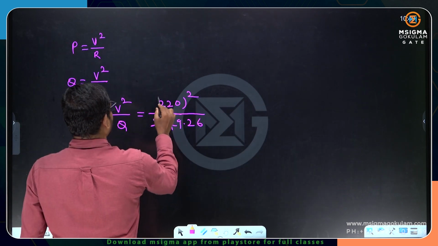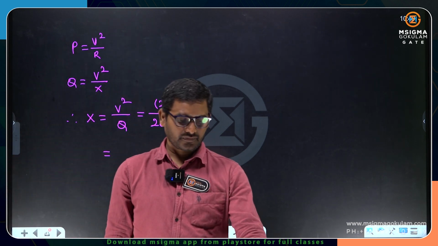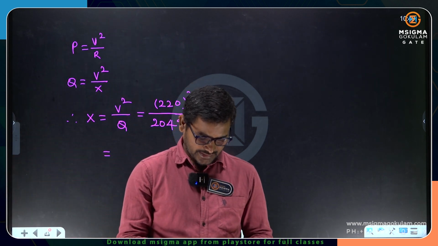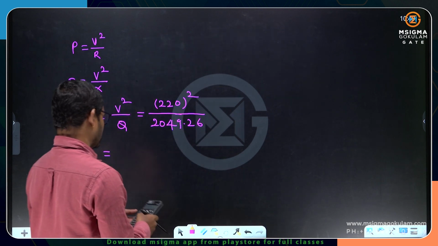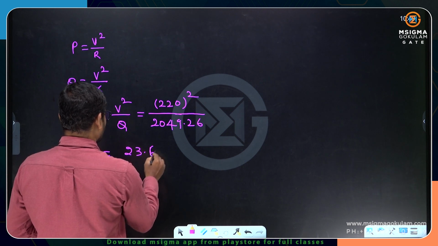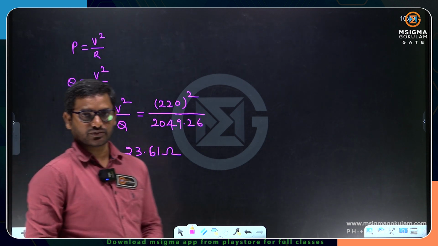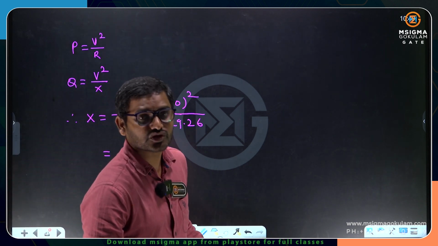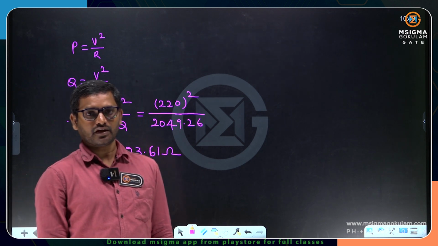So 220 square divided by 2049.26, then I am going to get around 23.61 ohms. Okay, this is the capacitive reactance to be placed in order to improve the power factor to unity. Okay, got it?